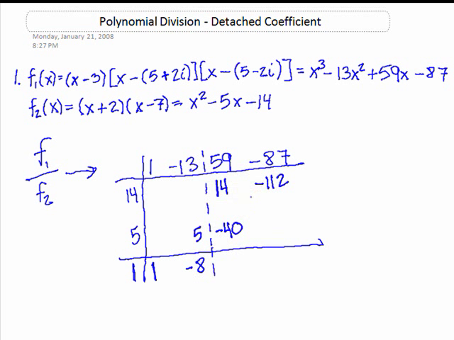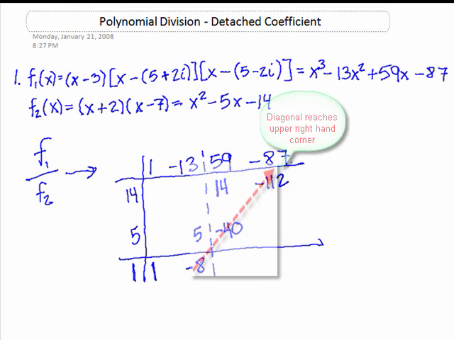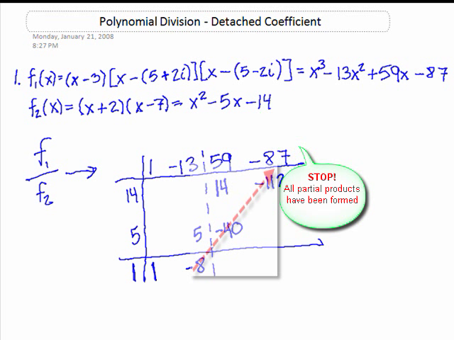The way you know you're done is that when you reach the upper right-hand box here, where the negative 112 is, you know you're done, at least in forming the partial products of the polynomial division.